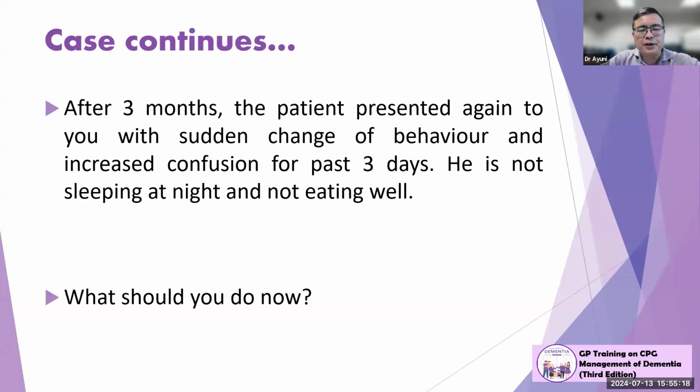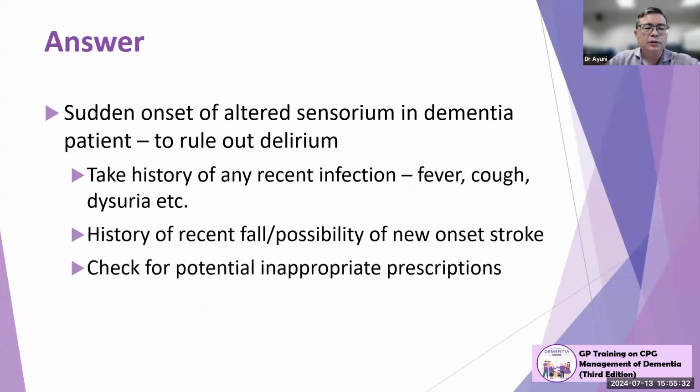After 3 months, the patient presented again to you with a sudden change of behavior and increased confusion for the past 3 days. He's not sleeping at night and not eating well. What should you do now? We usually need to rule out delirium.